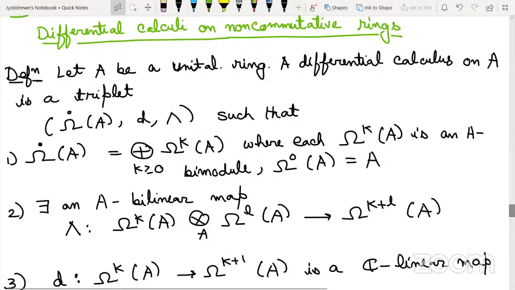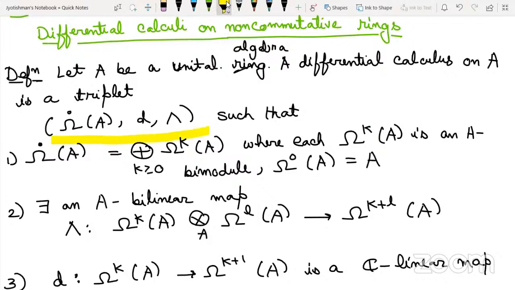Suppose I have a differential algebra. Our geometric data will be this triplet. Okay. So omega dot A will be an A bimodule, meaning that it's both a left A module as well as a right A module.